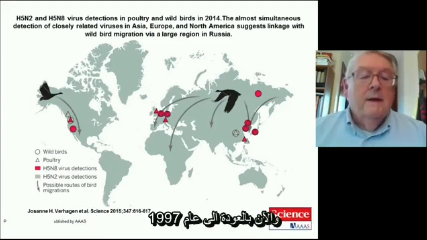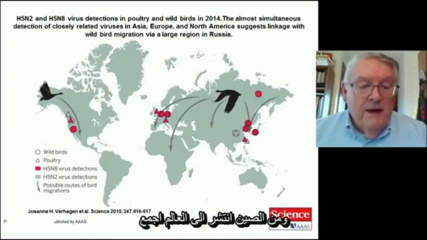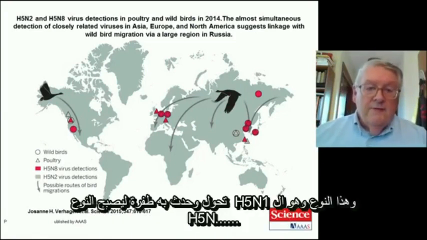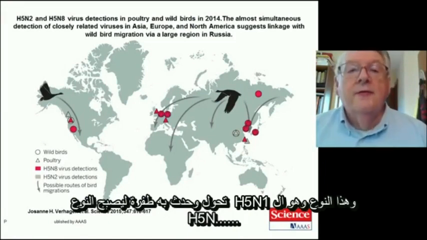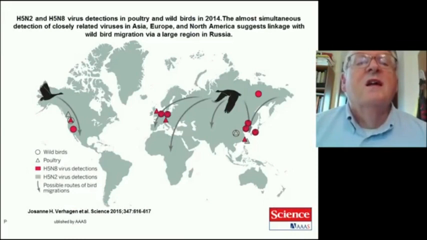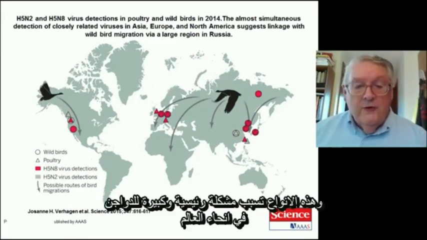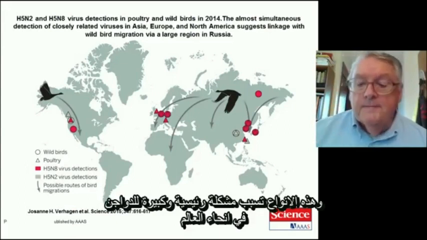Now, back in 1997, H5N1 appeared in China, and that spread throughout the world. Those H5N1 have mutated to become the H5N2 and H5N8, which are causing major problems in poultry throughout the world today.